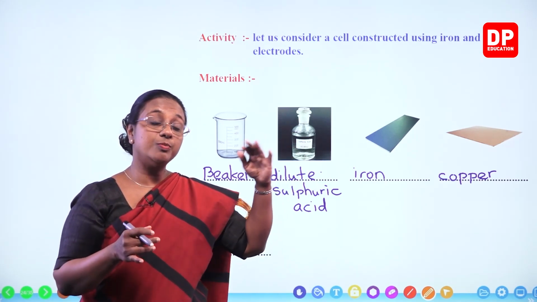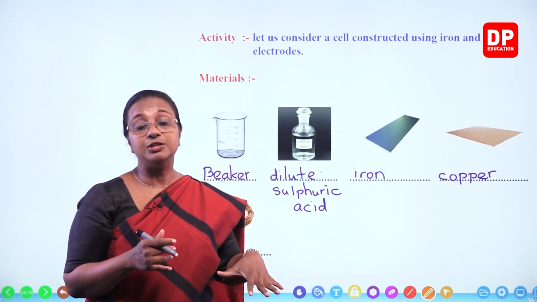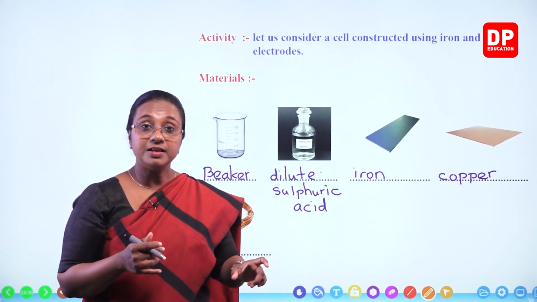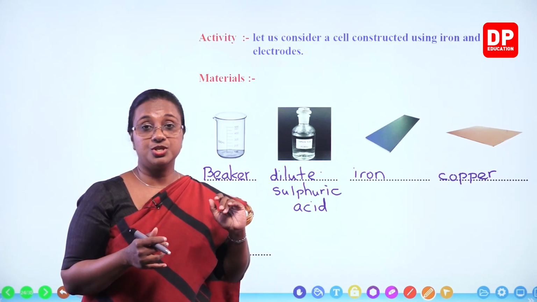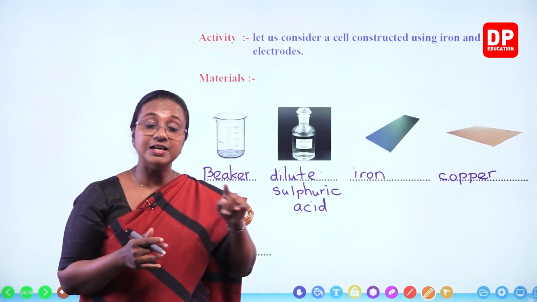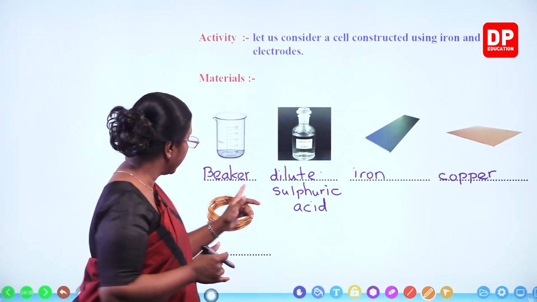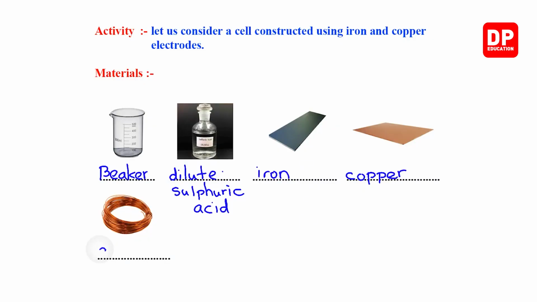Because you all know we don't put the electrodes completely into acid. Part of it has to be above the solution so that we can connect them with the conducting wires. And also we need the connecting wires, or the conducting wires we can say.